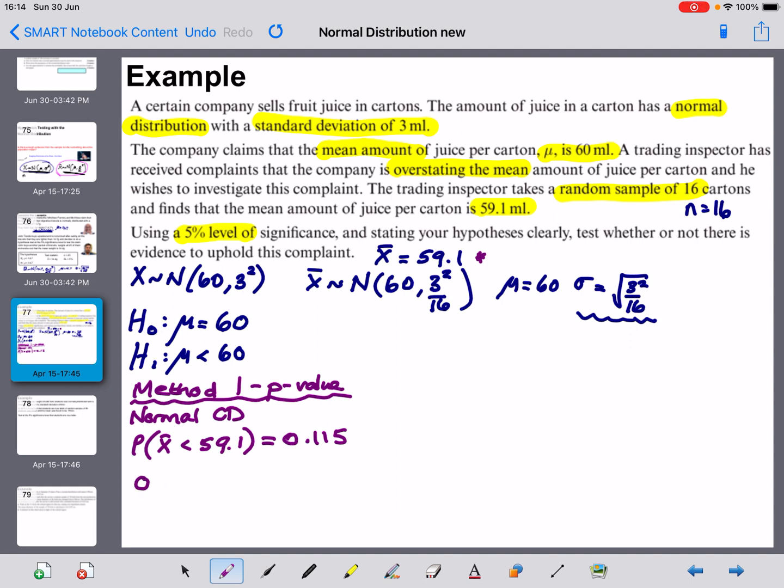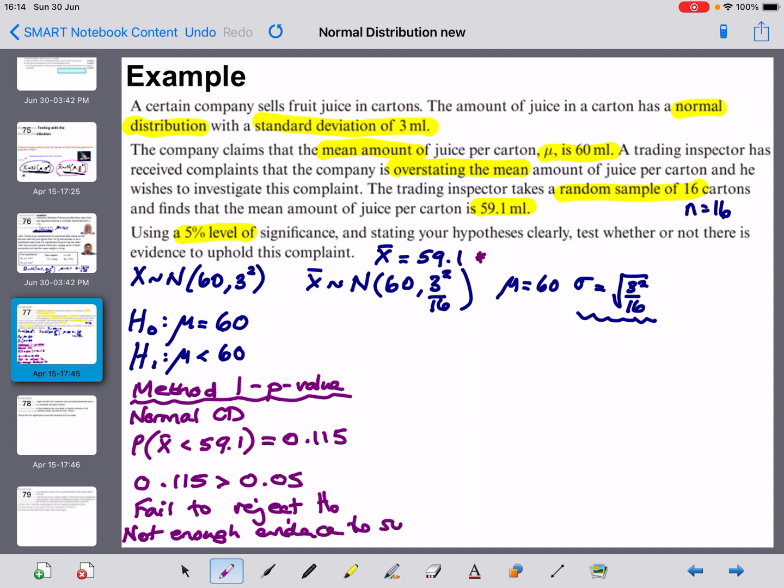Okay, so I'm going to say 0.115 is greater than our significance level. So we are going to fail to reject H0, and we're going to say there is not enough evidence to support the claim.